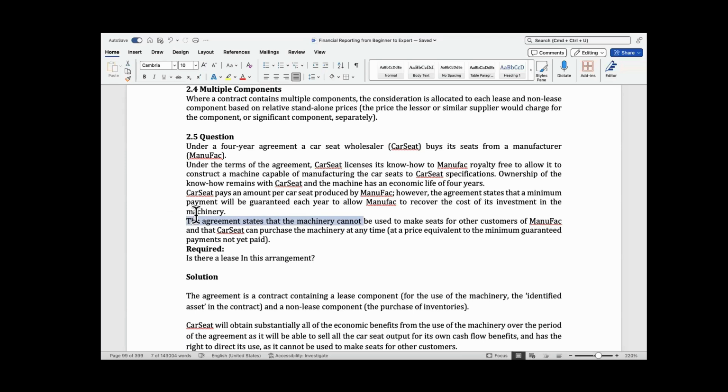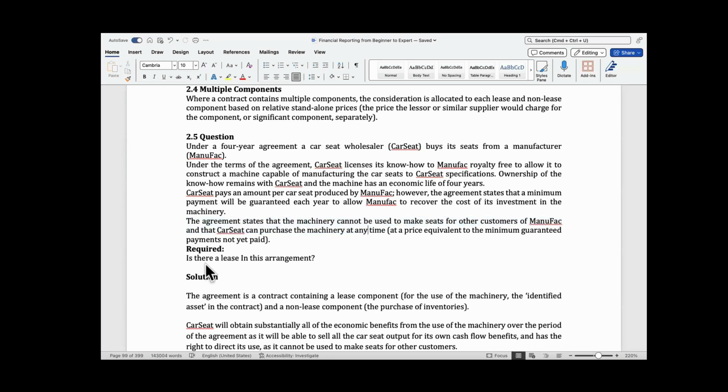So this paragraph is showing that this machinery now, Manufac cannot use it for any of its customers. It cannot use it for any of its customers except for cassettes.